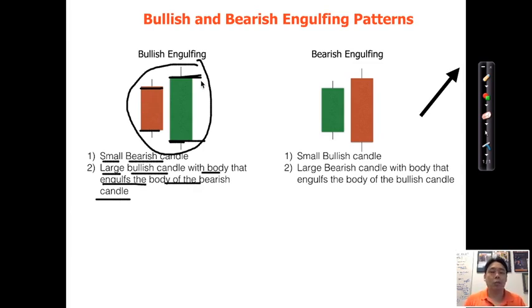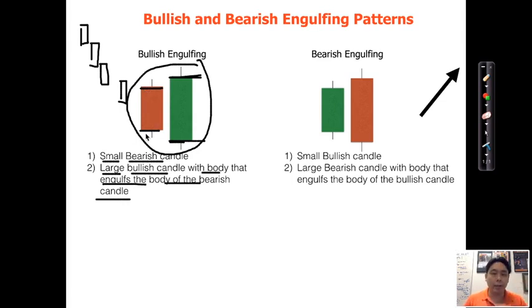Okay, so the bullish engulfing pattern appears at the end of a downtrend or at the end of a retracement. So what you want to see is a series of bearish candles going down. Okay, so bearish candles, and that is the last bearish candle you see, which is a small bearish candle.